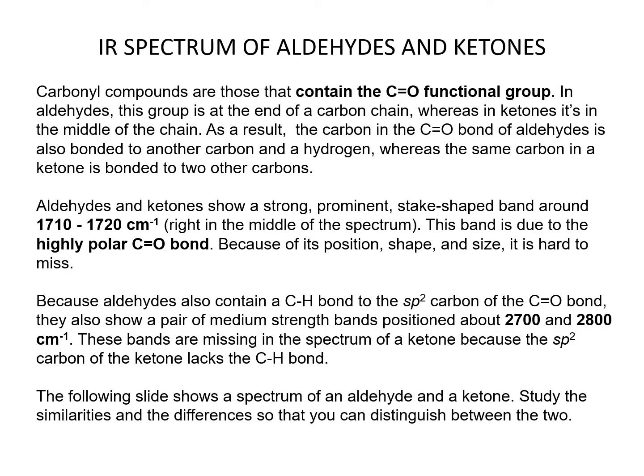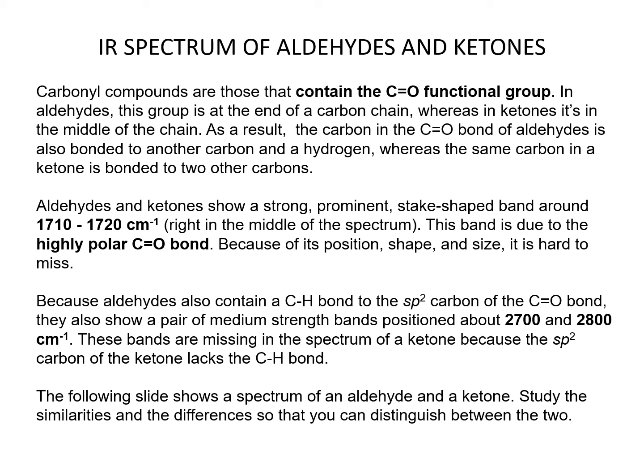So for carbonyl compounds, anything that has the carbon double bond oxygen functional group, we're talking about aldehydes, ketones, carboxylic acids. A little different. The key thing to think about here is that with an aldehyde, the carbonyl group is at the end of the chain. Ketone, it's somewhere in the middle of the chain.